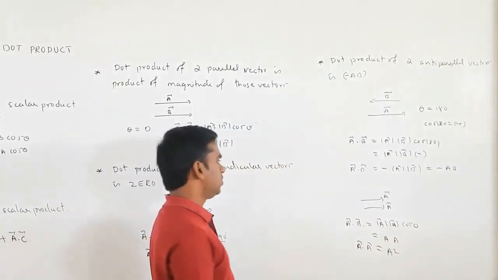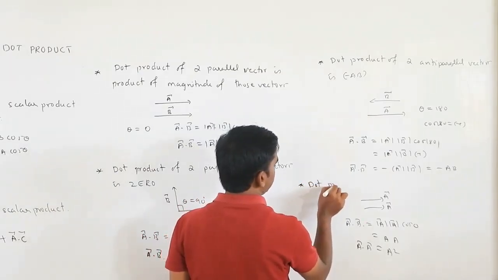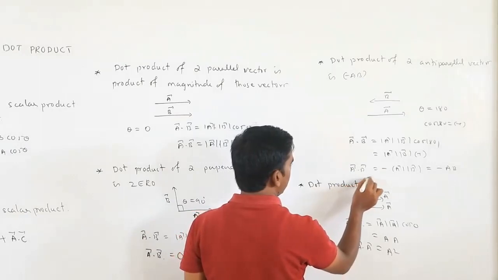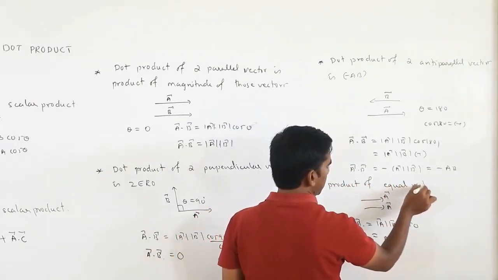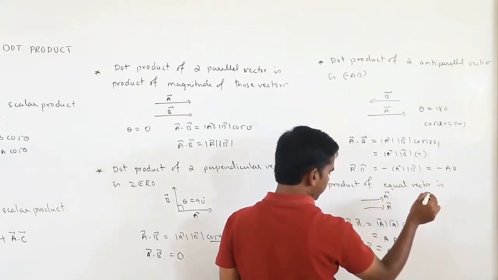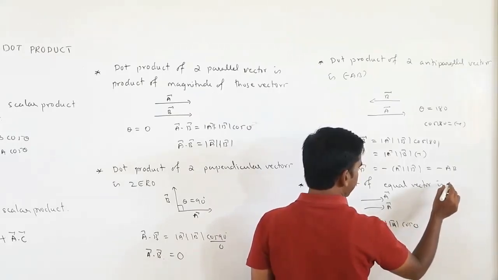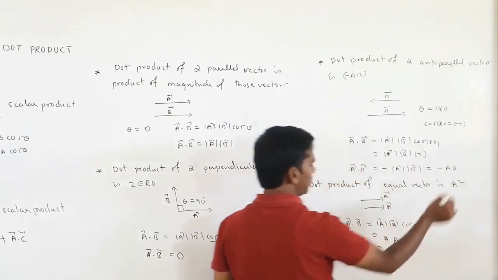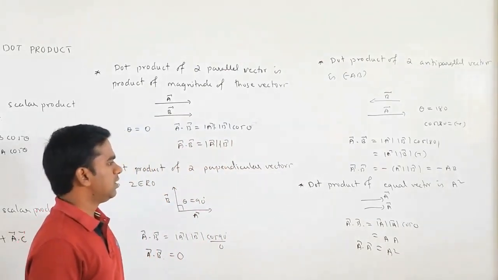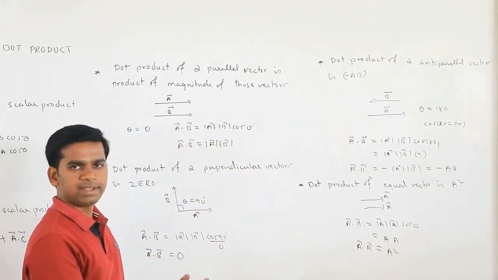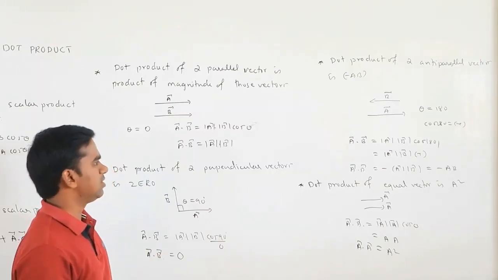So the dot product of equal vectors is the square of the magnitude of that vector. Any one vector, I can say simply A square.